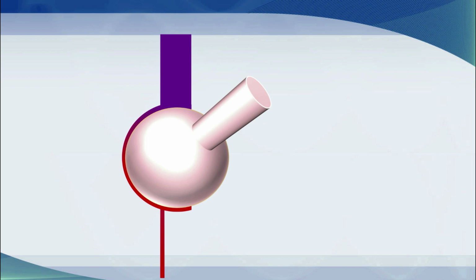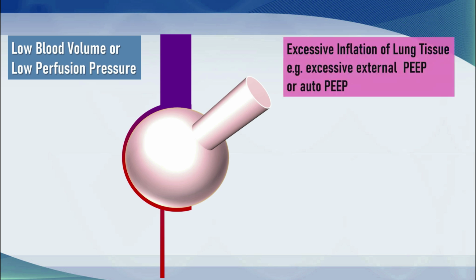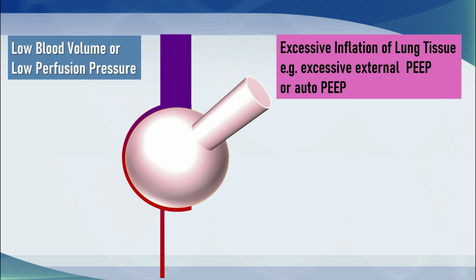In this cartoon, we have a situation whereby there is either low blood volume or low perfusion pressure or excessive inflation of lung tissue, such as occurs due to excessive intrinsic or extrinsic PEEP. And the result is that blood is no longer flowing around the alveoli.